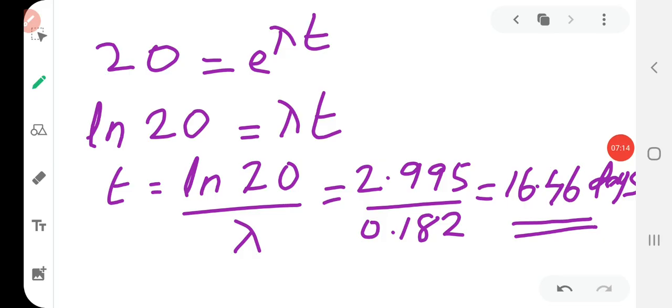So ln 20, its value is 2.995 and lambda we have found is 0.182. Substituting we get 16.46 days.